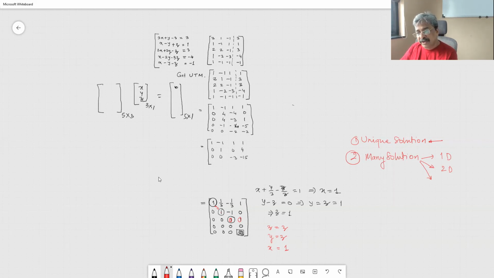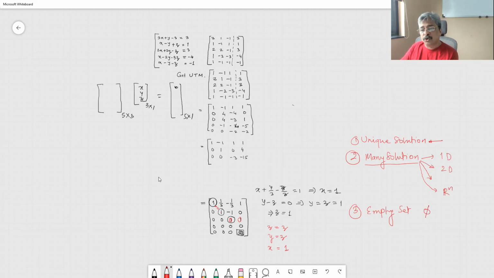Of course amongst the many solutions you will have the last one as R raised to n. Any point in the domain you take will satisfy it, so the complete domain is the solution set. That is the extreme condition of many solutions. Many means infinitely many. And the third case would be the empty set.